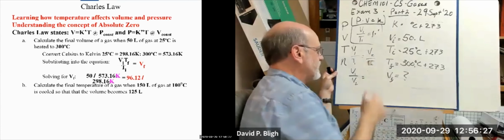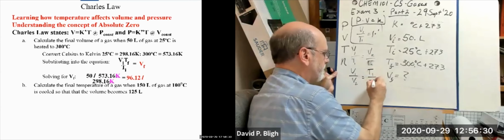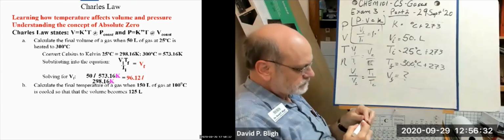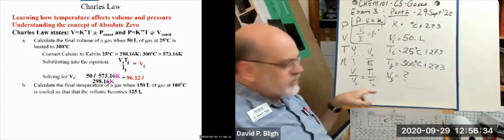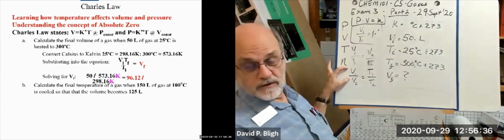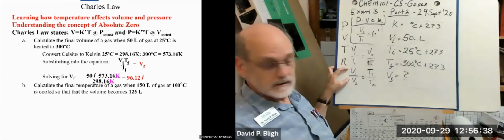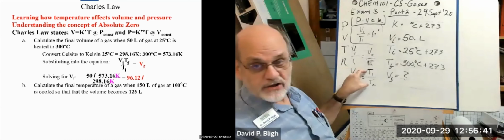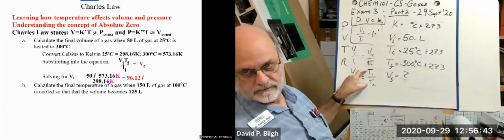What's wrong with me today? There. Then you see that the ratio of the volumes before and after is equal to the ratio of the temperatures before and after.